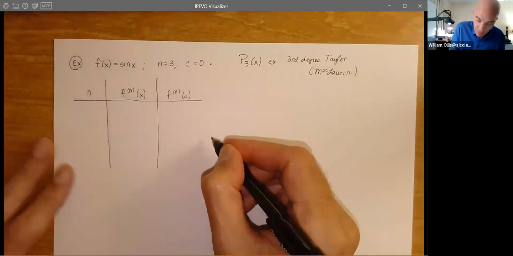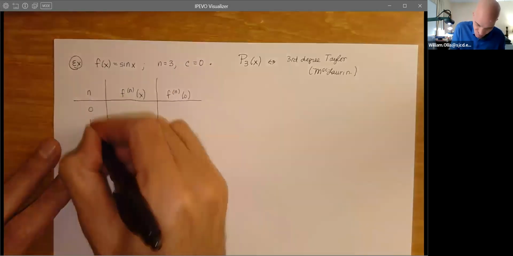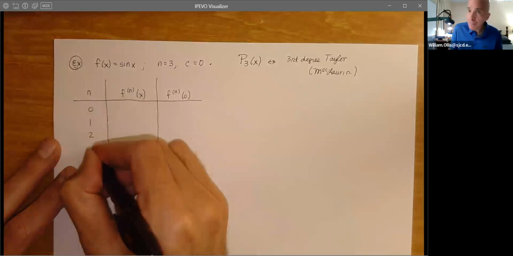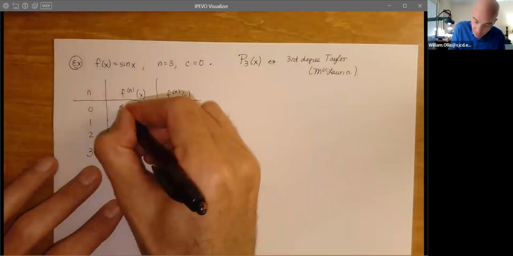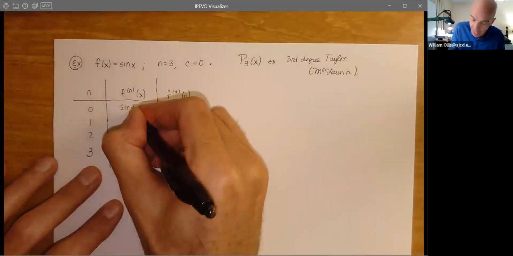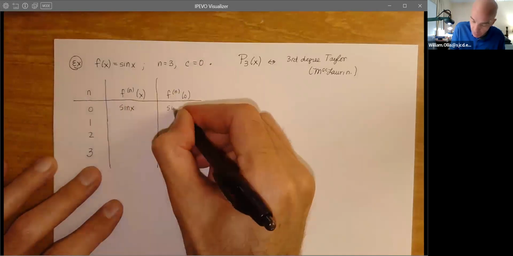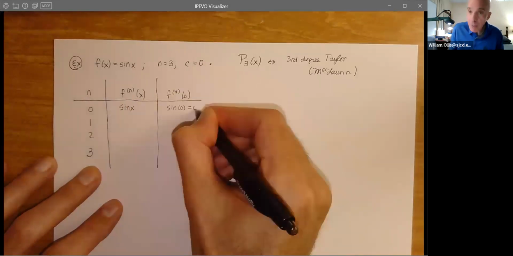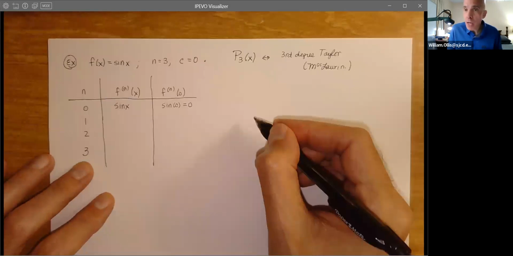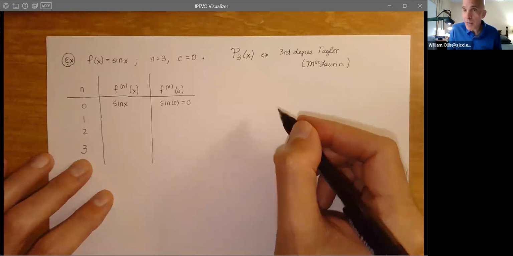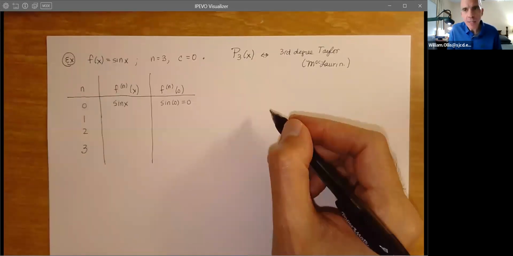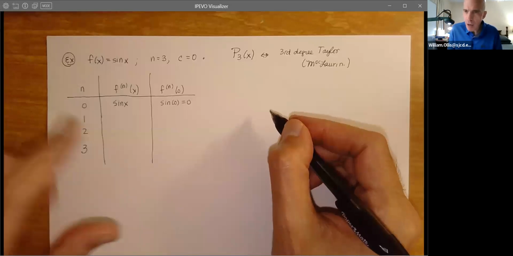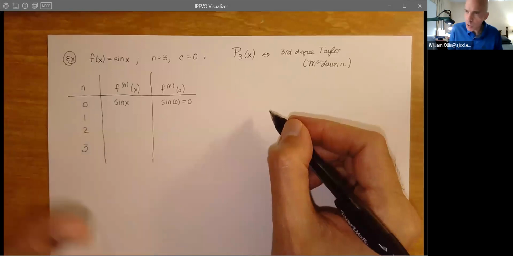So we have no derivative, first, second, third, no derivative sine x, sine of 0 is 0. Remember, sine is an odd function. So we better have a polynomial that has what? Odd powers. You know, ladies and gentlemen, trigonometry is a beautiful subject, and we're going to see that all of this is consistent with what you've already done.